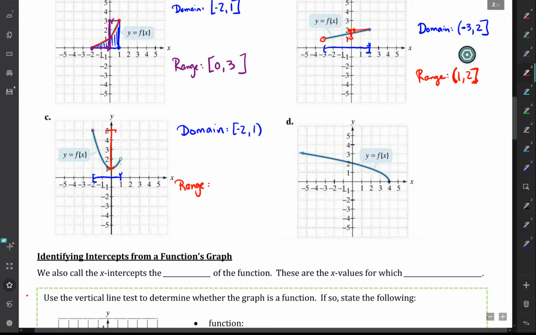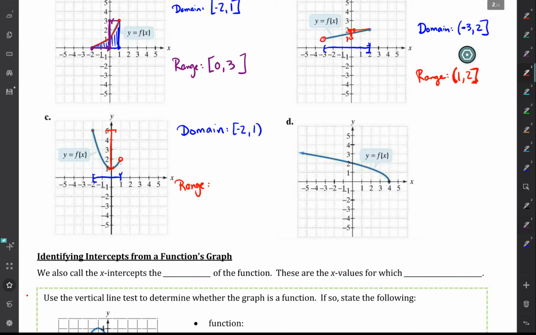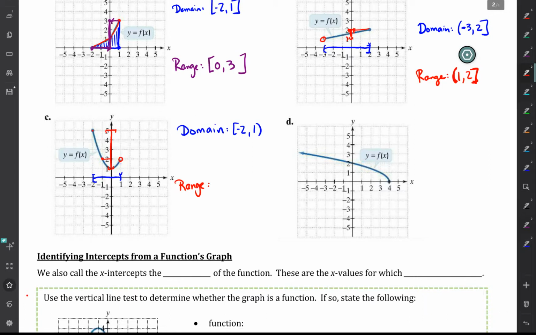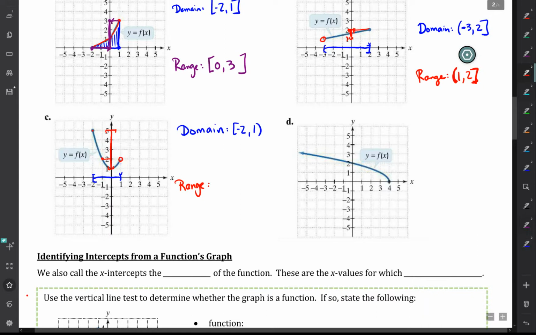And some people get confused about what to do with this hole over here. When x is 1, y is almost 2, but there's a hole there, so you don't include it. But the point is that when x is -1, y is 2. So 2 is an output. It's not an output when x is 1, but it is an output when x is -1.